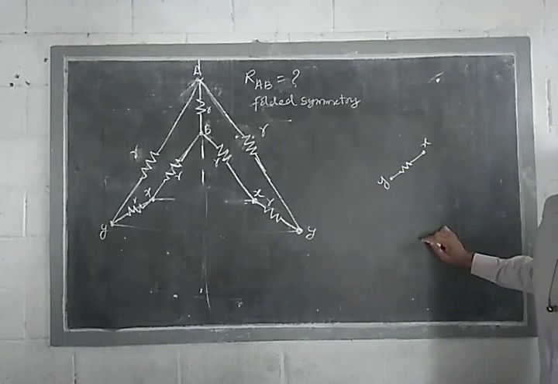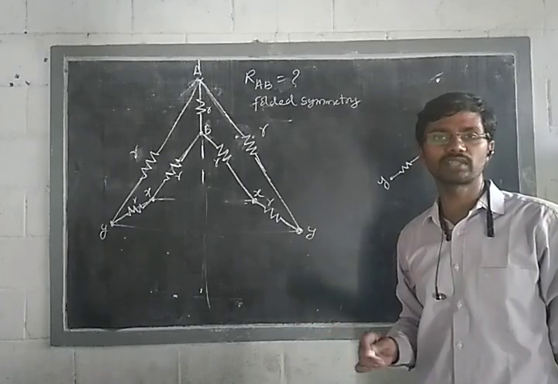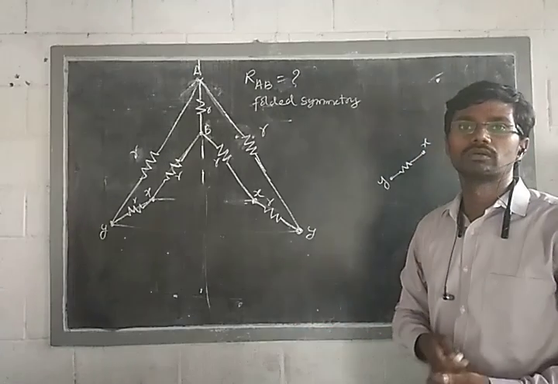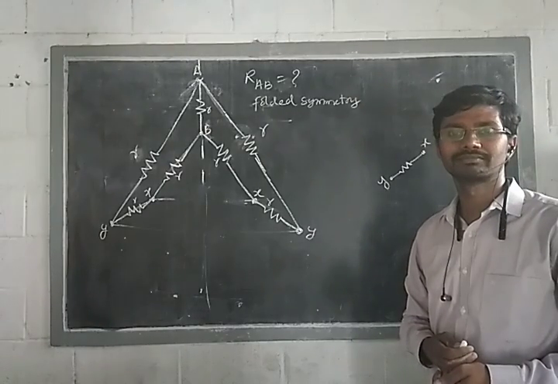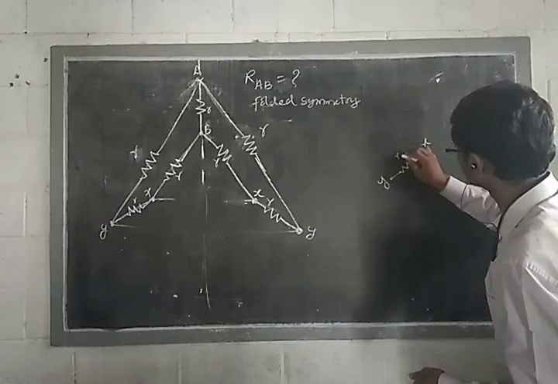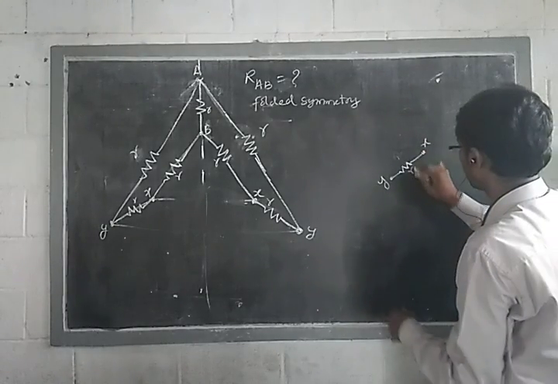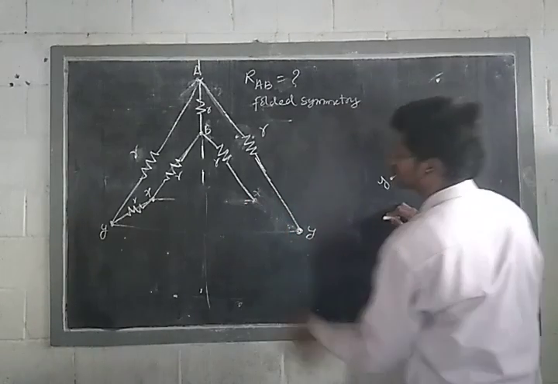What is the equivalent resistance? R into R by R plus R, that is R by 2. Instead of that I am writing R by 2, so this one is removed.